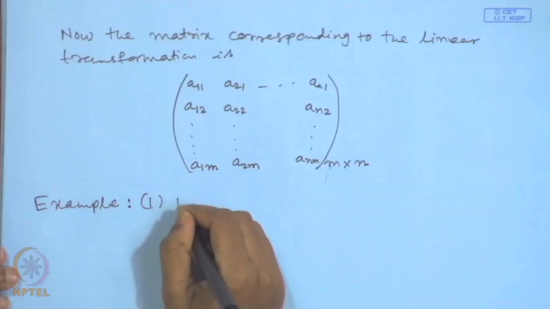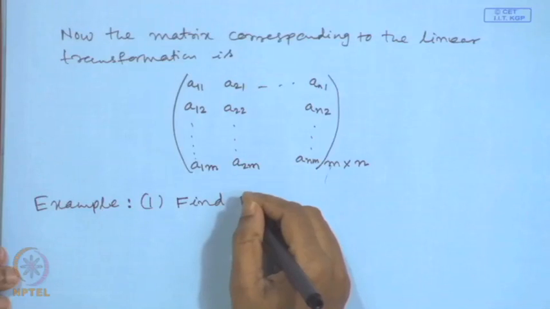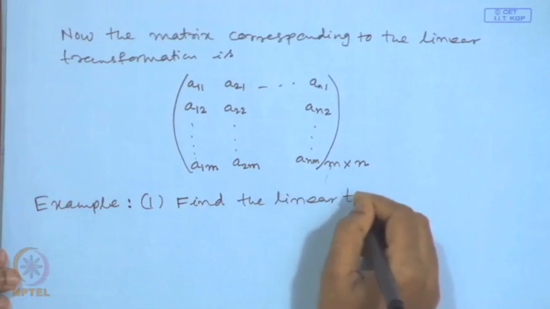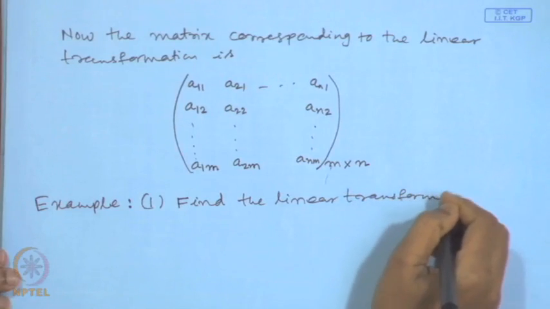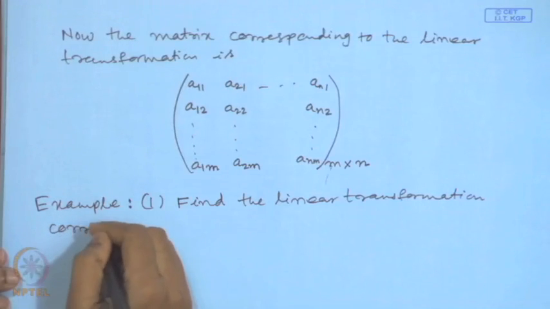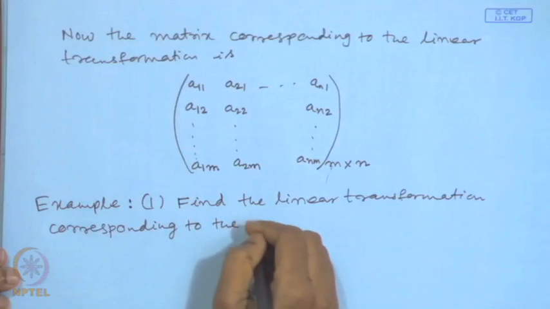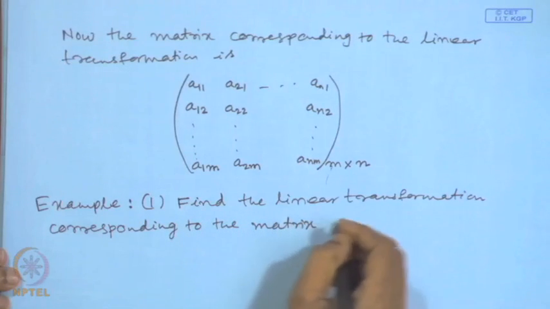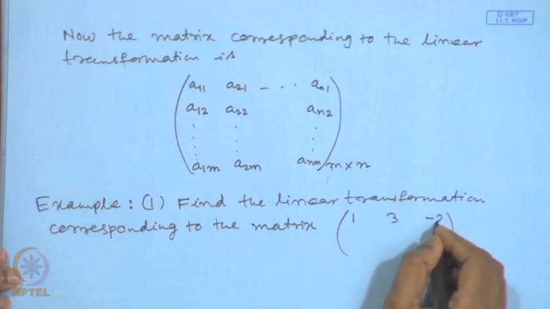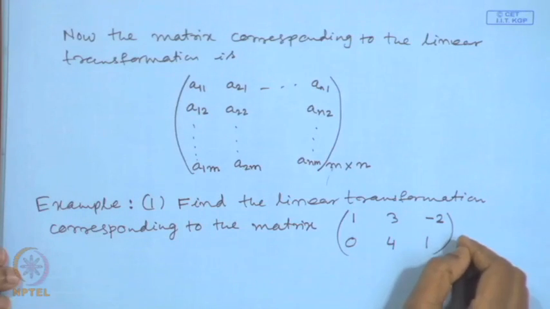Find the linear transformation corresponding to the matrix 1 3 minus 2 in the first row and 0 4 1 in the second row.